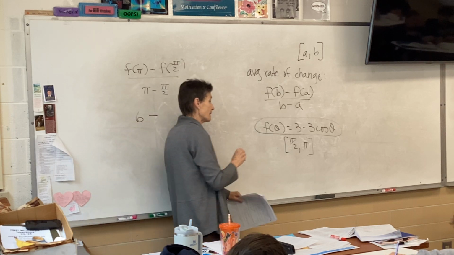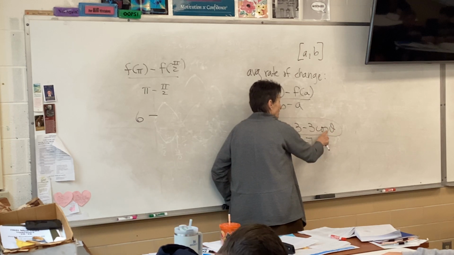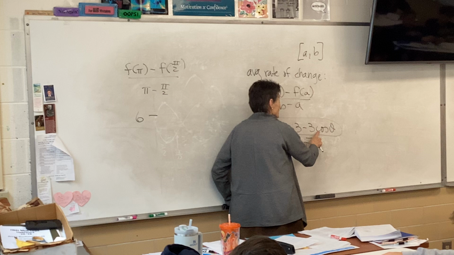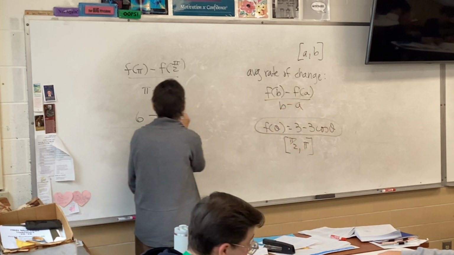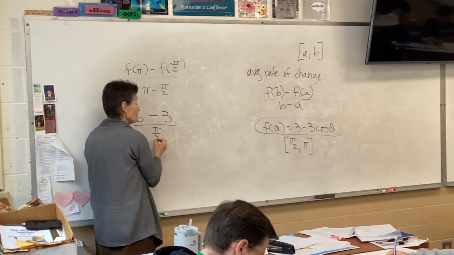Now, what do we get if we put in pi over 2? Cosine of pi over 2 is 0, but it's 3 minus 0, so it's 3 over pi over 2.